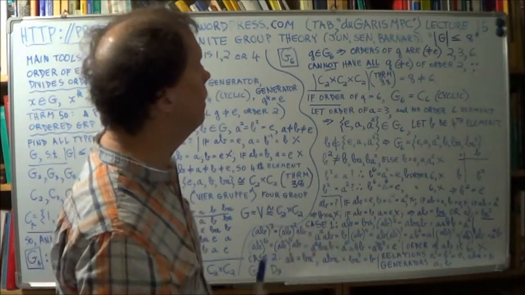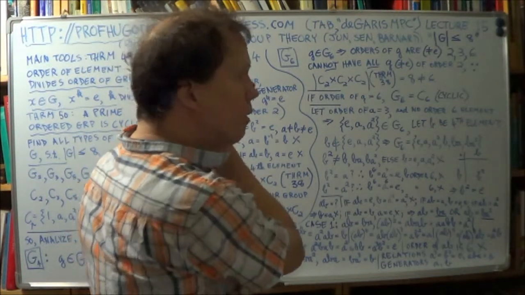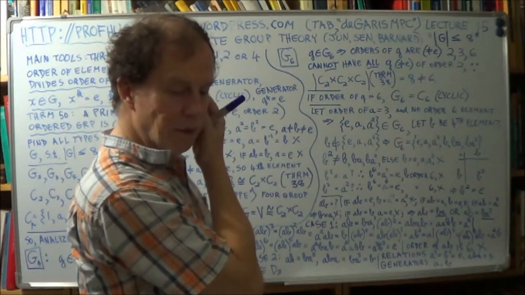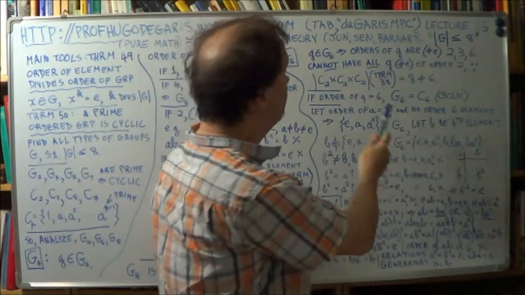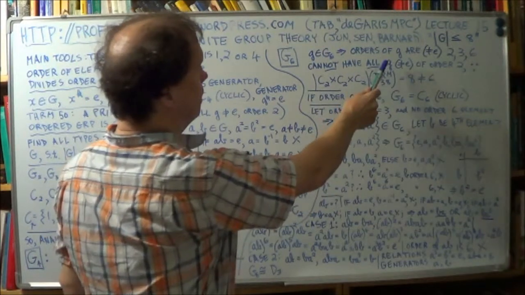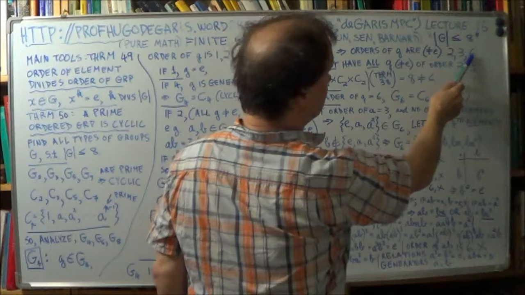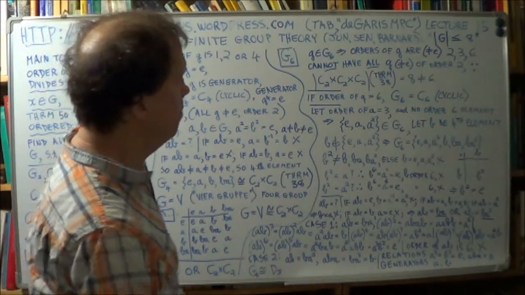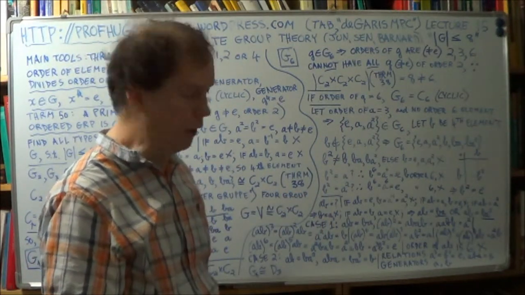That cannot be, right? So therefore, we must have a mix of order 2 and order 3, except if we do have one of order 6. Now, if one of these elements, little g, has order 6, that's okay, that's a factor, right? If it's 6, then that means that g here, by definition, is a generator, right?